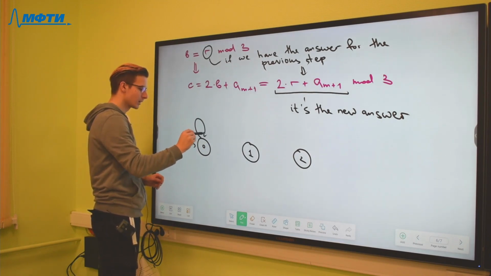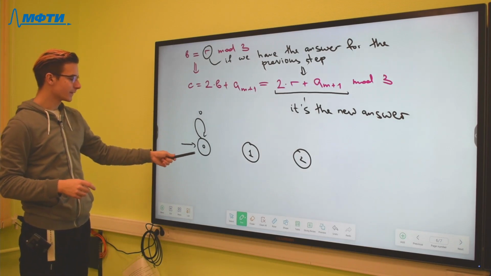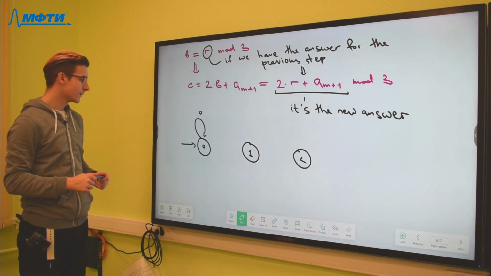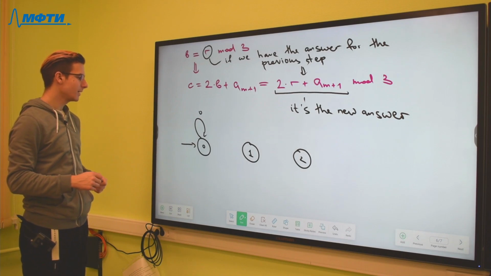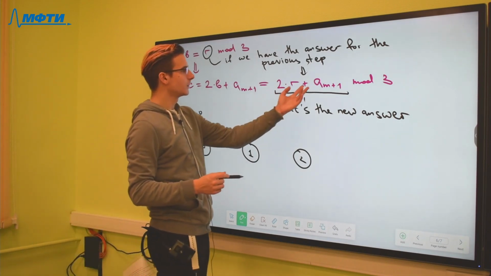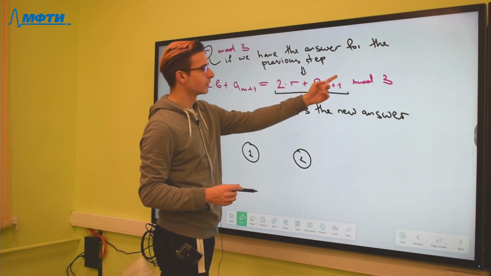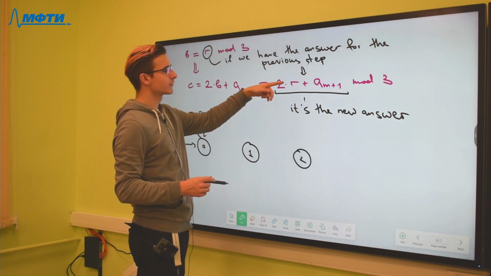I can write it as an edge that starts at vertex 0 and ends in it. And if the character is equal to 1, the new residue will be equal to 1.